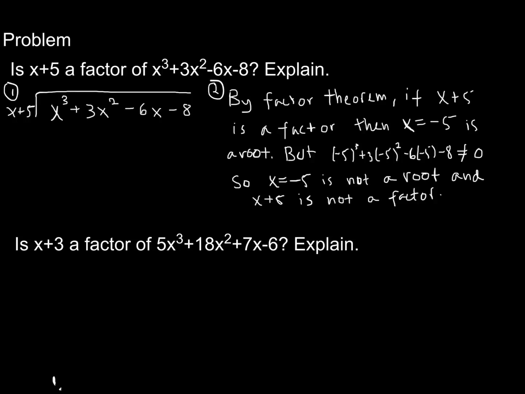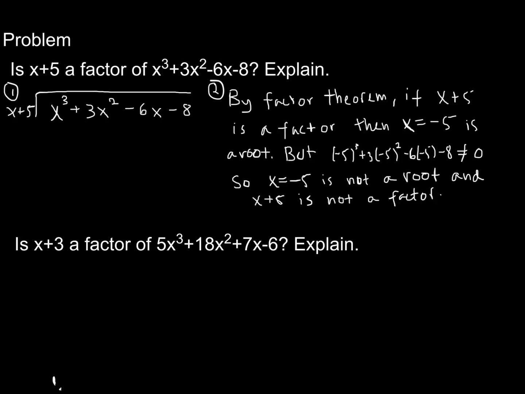We could use the remainder theorem. So if you're doing this division, you're saying to yourself, well, I actually just want to know if when I divide this, there will be a remainder or not. How could I find whether there will be a remainder? Remember, the remainder theorem says that if you're dividing a polynomial by x minus some number, and in this case you're doing x minus negative 5, then when you plug that negative 5 into your function, whatever you get will be the remainder.